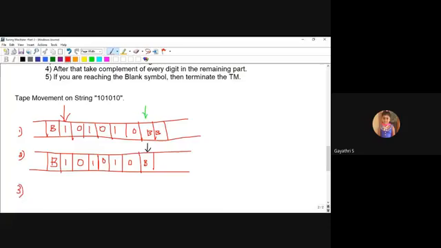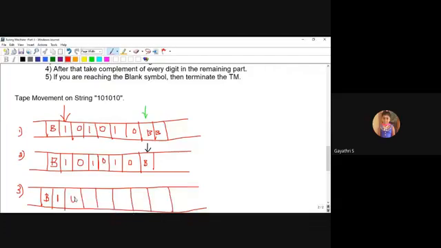Only then can I reach the last input symbol of the string.